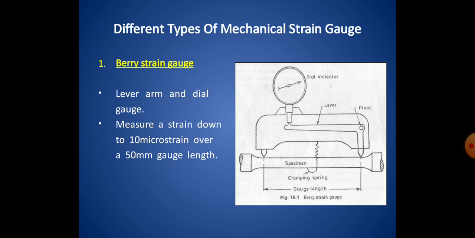The lever arm and dial gauge measure strain down to 10 microstrain over a 50 mm gauge length. When this specimen is subjected to tensile or compressive load, the knife edges also move along with it. Then this pivoting will actuate the dial indicator, and the dial indicator shows the displacement, that is the deformation.